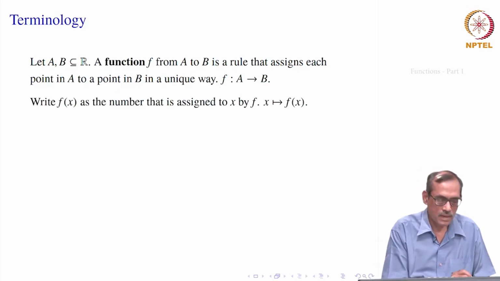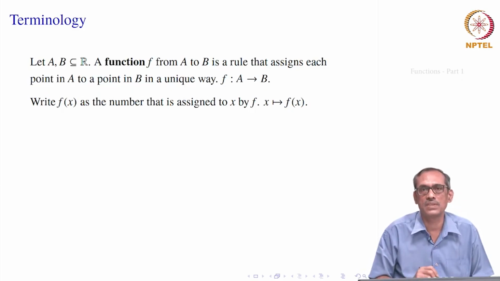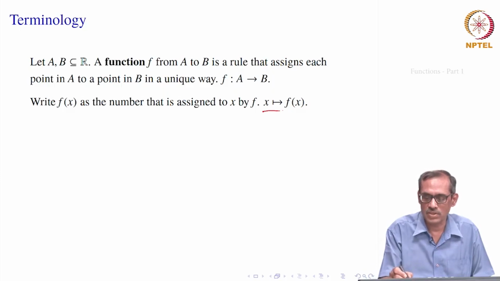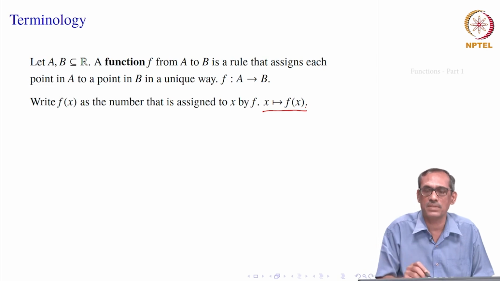Okay. So, we will write this number in B as f of x. If x is an element in A, then this map is taking this x to a number somewhere in B. That number in B is written as f of x. So, sometimes we say x is taken to f of x, or x is mapped to f of x by the function f.